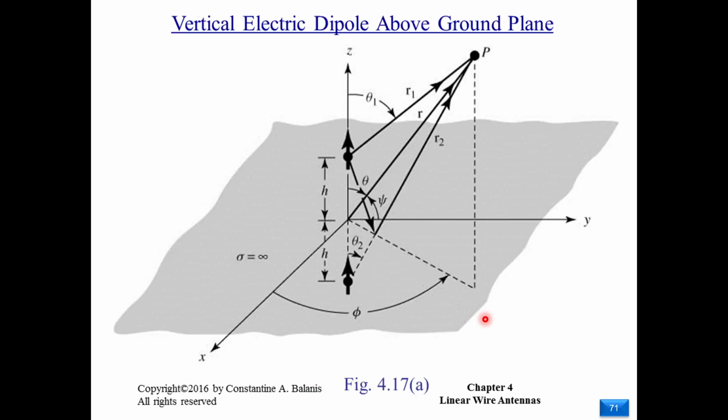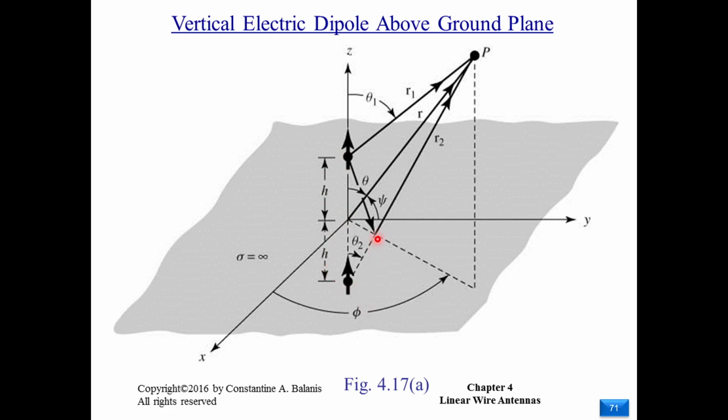How would we solve or analyze this problem of a dipole on top of a perfect conducting plane? As I said, we're just going to remove the conductor, here it's a perfect conductor, and substitute its effect by an imaginary source located in the opposite direction of the actual source at the same distance.